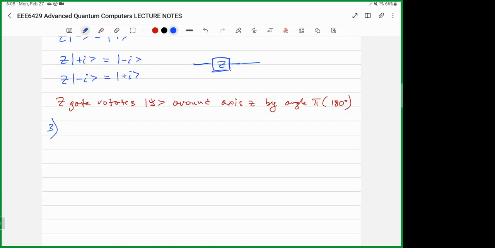Okay, so the next one is gate Y, also known as sigma Y or PY.